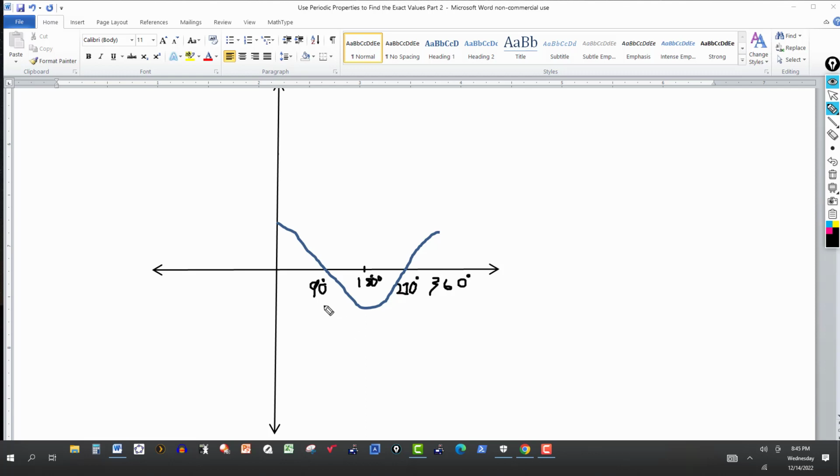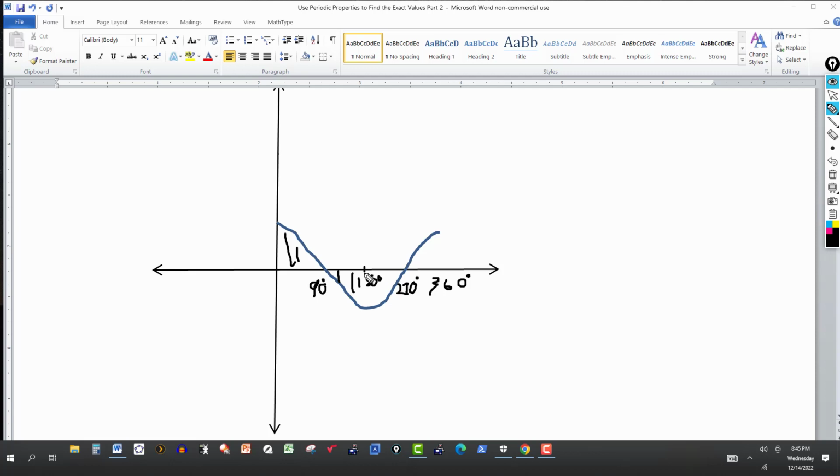The same thing here. In the interval from 0 to 90 degrees, 1 degree, 2 degrees, and so on, all the way up to 90, those values are positive. But as I pass 90 degrees all the way up to 180, those values are negative. So these values right here cancel with the values that I get in this interval here.